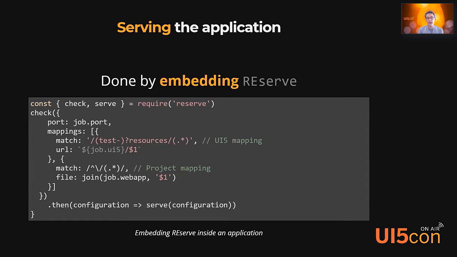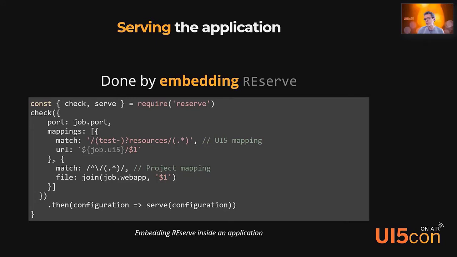Then, the application that we want to test needs to be served in order to execute inside the browser. The same way, we will use Reserve, but this time it will be embedded inside the Node.js application. So the same way you could use a JSON to configure Reserve to serve your application, you can programmatically do the same. And that is what is written on the slide here.